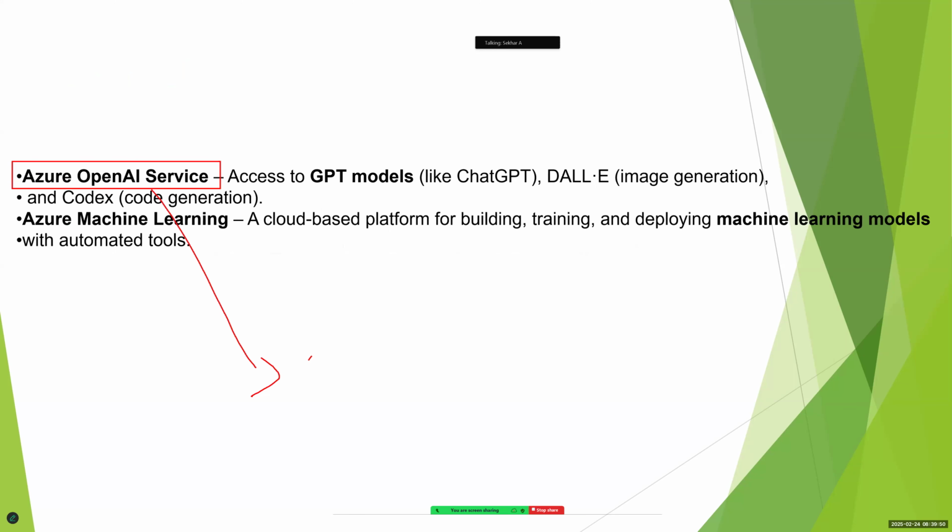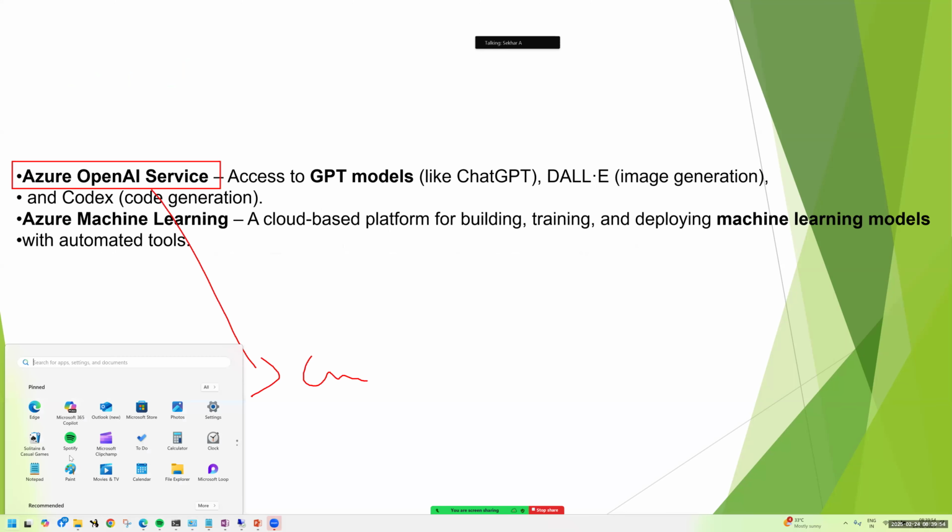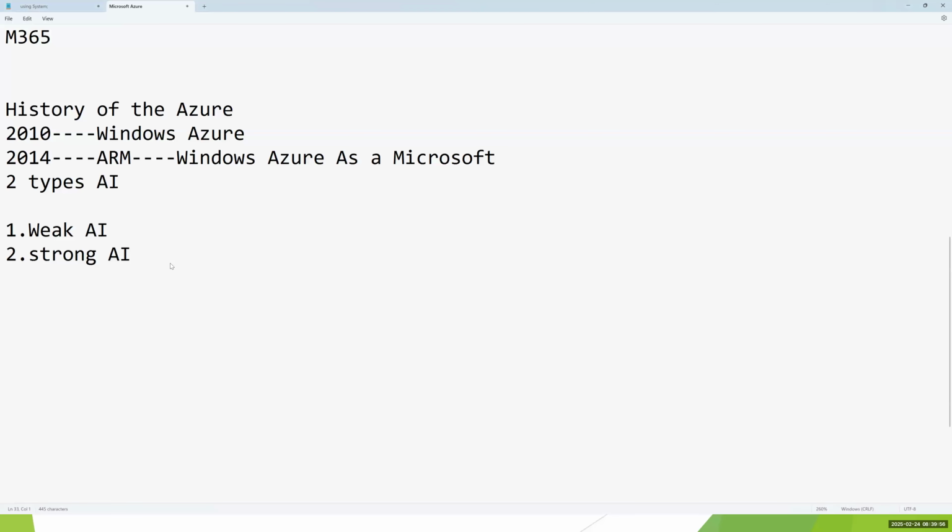Do you know ChatGPT is developed by OpenAI? Am I right? I hope you know, right? How many of you know? Yes. Microsoft and OpenAI have a big partnership between them. Microsoft invested heavily in OpenAI.